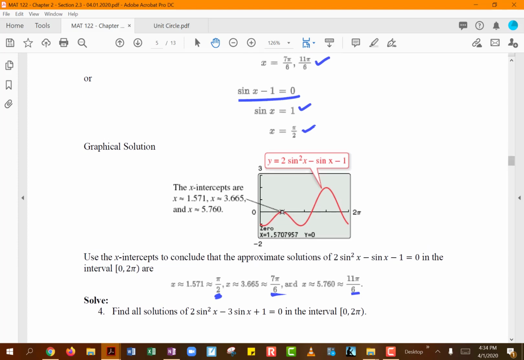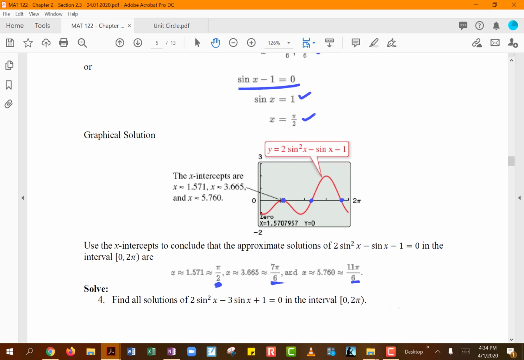And then this second part here is just showing you how you could also use the graph to help you come up with your values for the x-intercept, where your graph would be crossing the x-axis. So that would be this point here, and this point here that they're looking at. Okay, but again, we're not going to worry about graphical solutions for us.